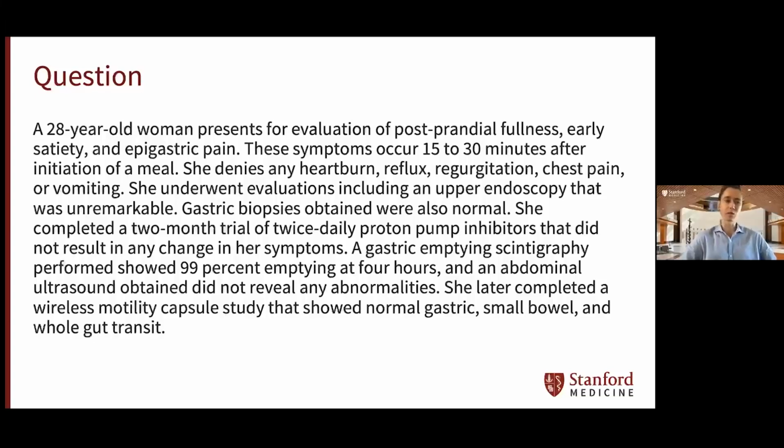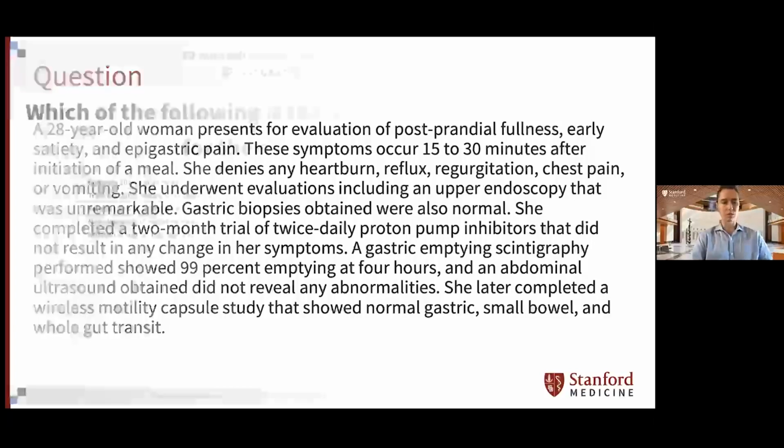She completed a 2-month trial of twice-daily proton pump inhibitors that did not result in any change in her symptoms. A gastric emptying scintigraphy performed showed 99% emptying at 4 hours, and an abdominal ultrasound obtained did not reveal any abnormalities. She later completed a wireless motility capsule study that showed normal gastric, small bowel, and whole gut transit.